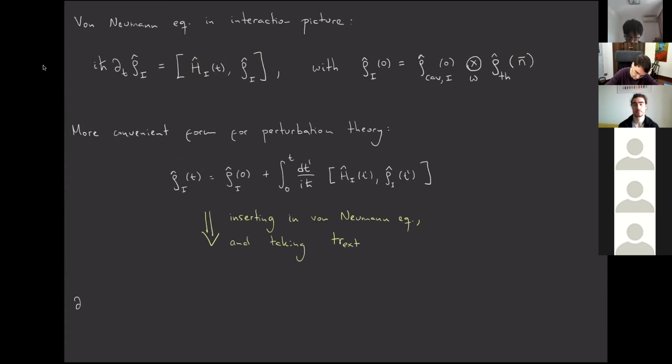So let me make sure I have space. So we get, when we take the partial trace of this expression, the partial trace can go inside of the derivative, and then we get here the cavity state. But careful, in the interaction picture, okay? So I write it explicitly. And then this is equal to, and now we get two terms.